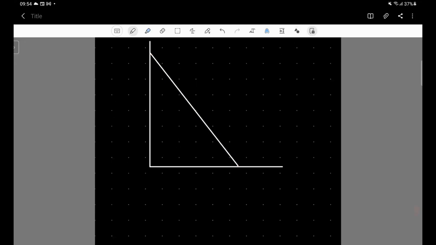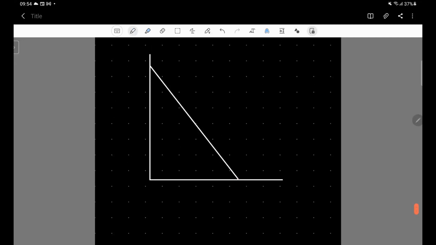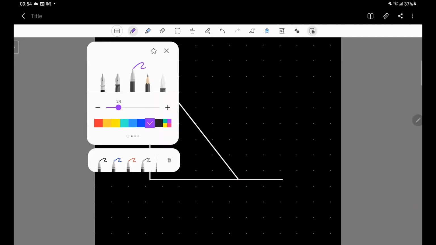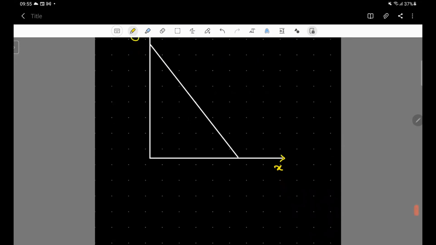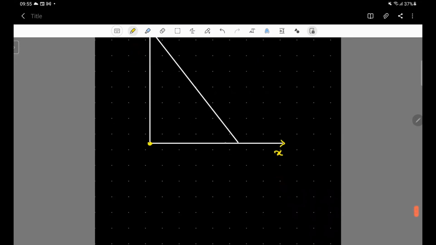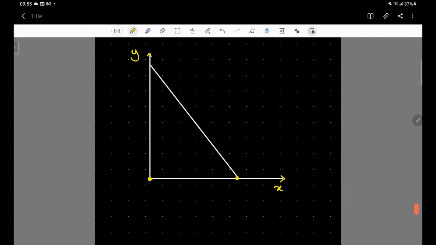Okay, we have the coordinate system, the X and the Y coordinate system. We have 6 nodes: 3 corner nodes, and the other 3 are located in the middle.